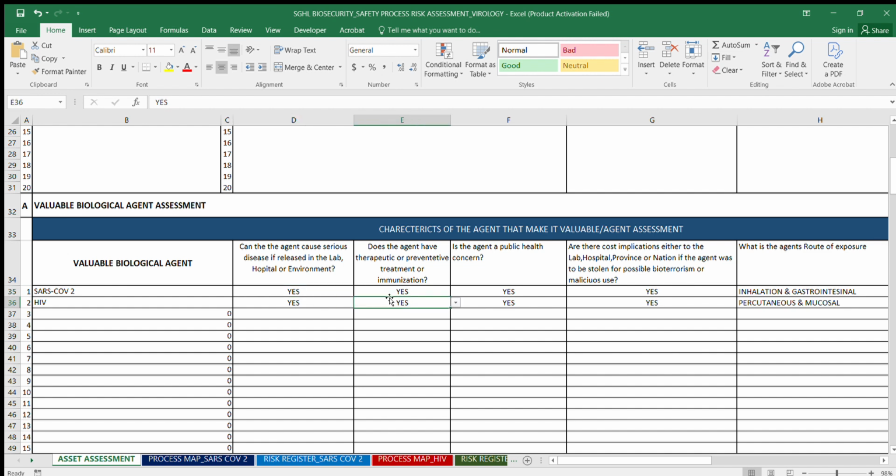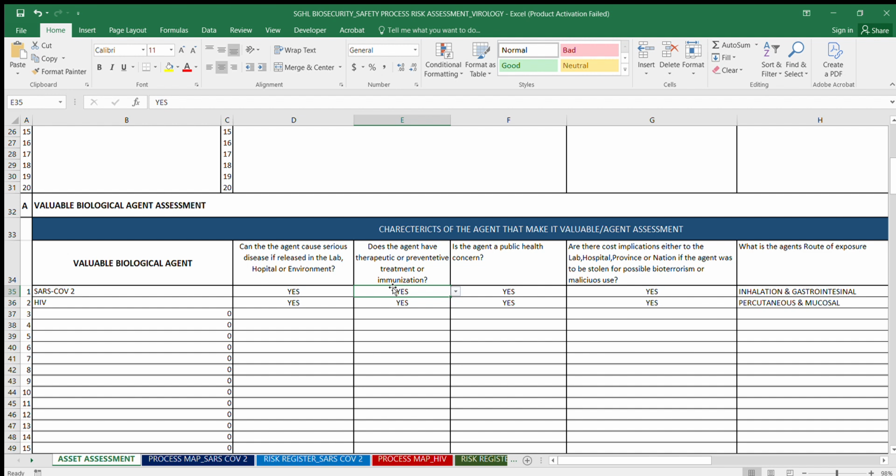The next question is, does the agent have therapeutic or preventative treatment, or an immunization, or a vaccine per se?